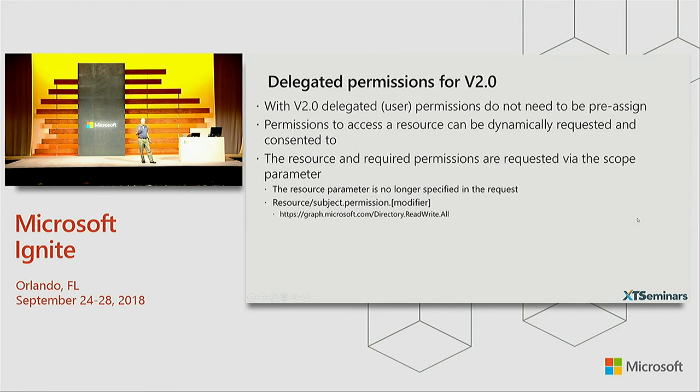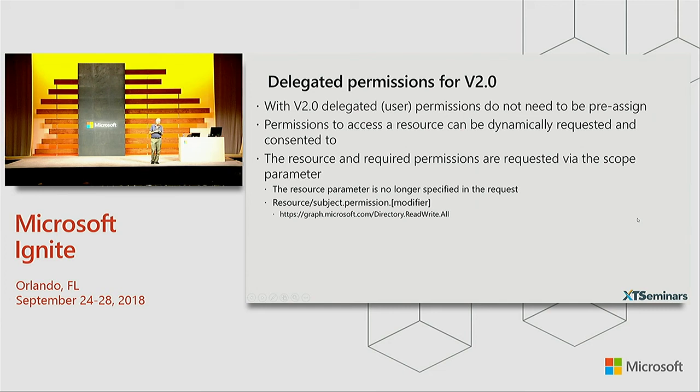With V2, remember, we're not predefining static consents. With V1, we had static consents: you say, I want an access token to that resource, and you get the permissions defined for that static consent for that resource. With V2, we say in the scope field that we want to go to this resource with this permission.